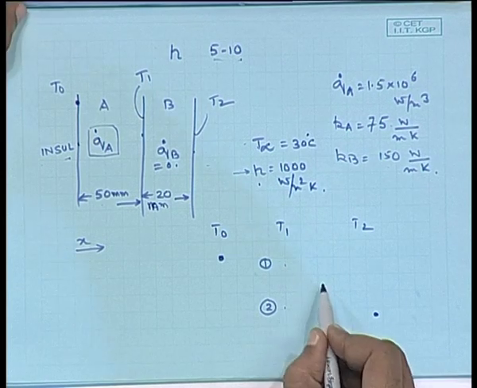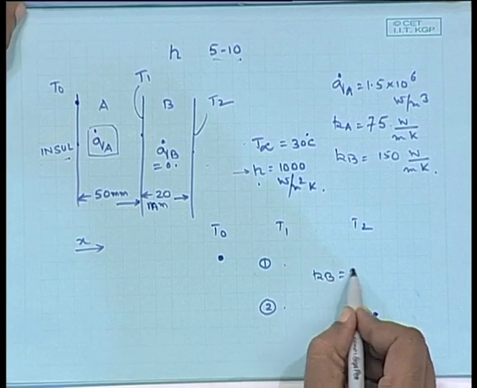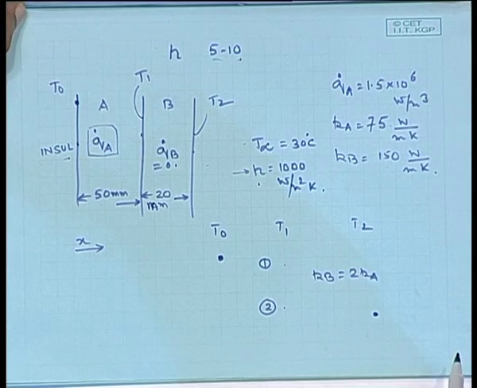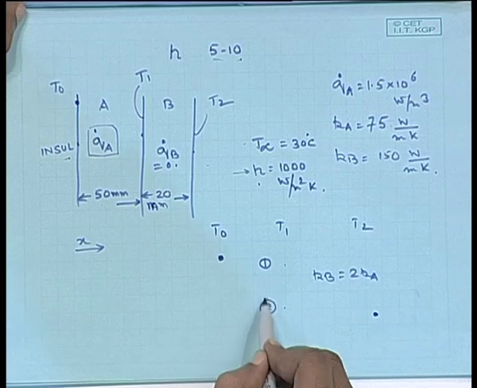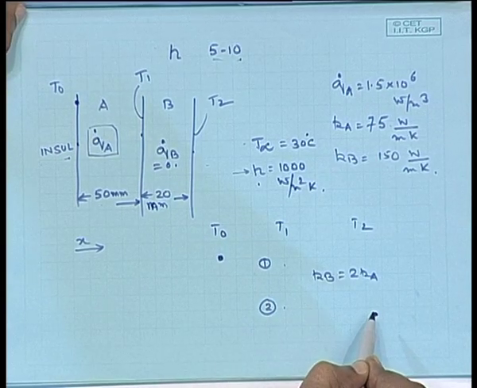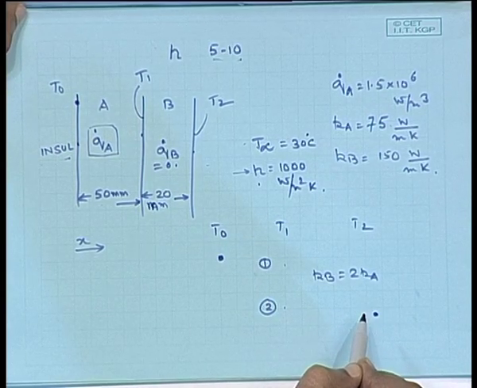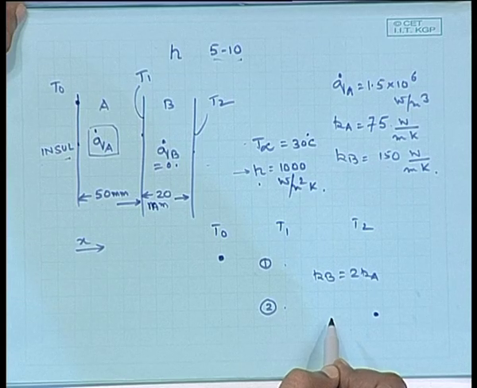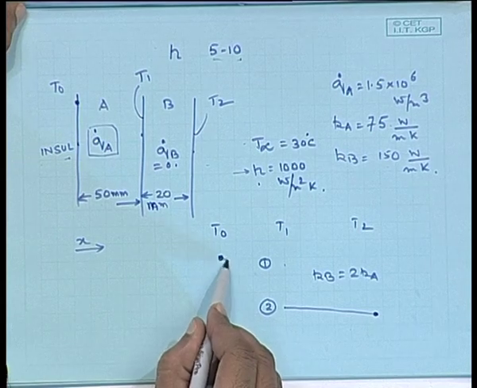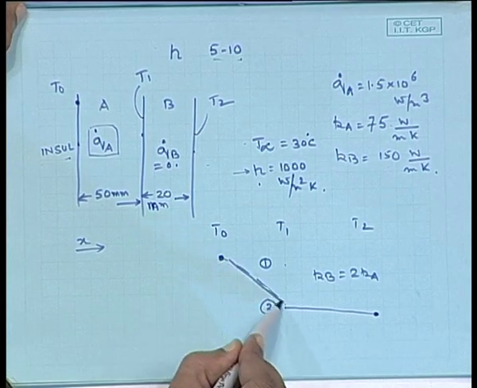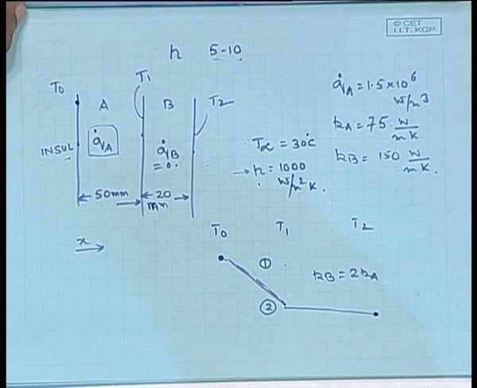Kb is 2 times Ka. The same heat is flowing through both, so you need less temperature gradient in B to get the same amount of heat transferred. So, it would be something like this roughly. This is the case when you do not have any heat generation.